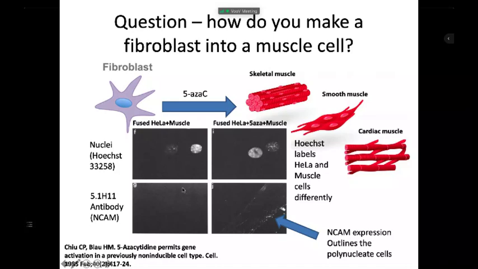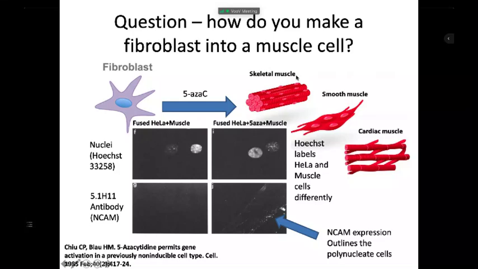How can we tell this is the case? Well, these are fused cells treated with 5-azacitidine, and we can see here that they are stained in one contiguous region with this marker of muscle cells, NCAM. And so we can have fusion between muscle cells, which are already here, and HeLa cells, which are a non-permissive form.